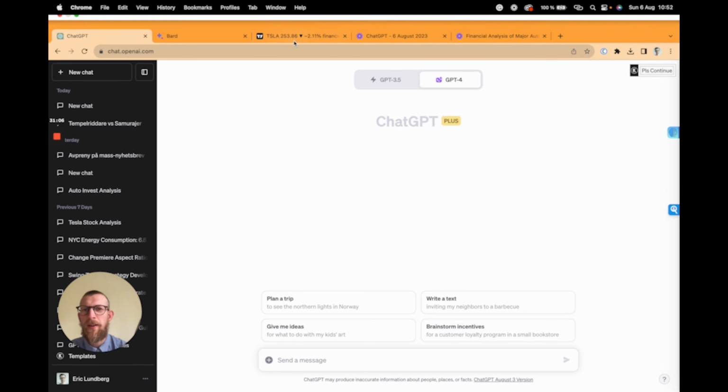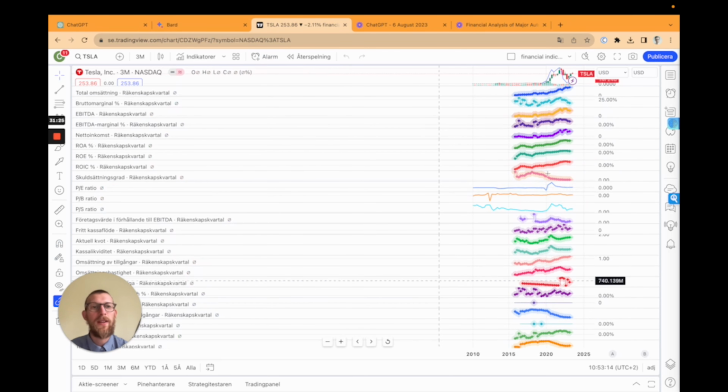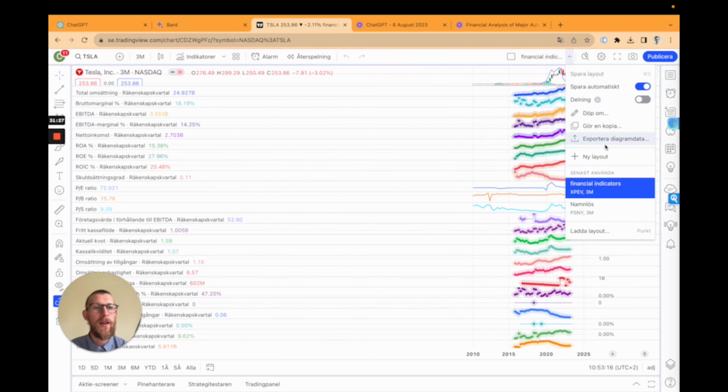Prior to this, I went into TradingView. I first asked AI what financial metrics it wanted to make a grounded decision in investments. And as you can see here, it's around 40 metrics that we added in TradingView. You can export that, and then you have to do that for every company that you want.